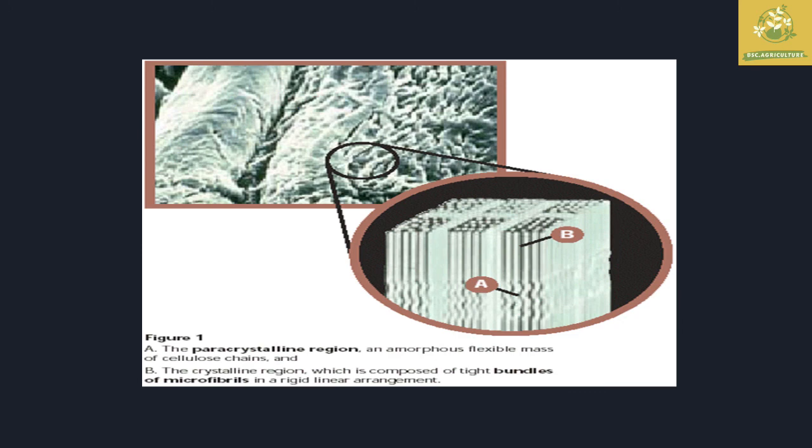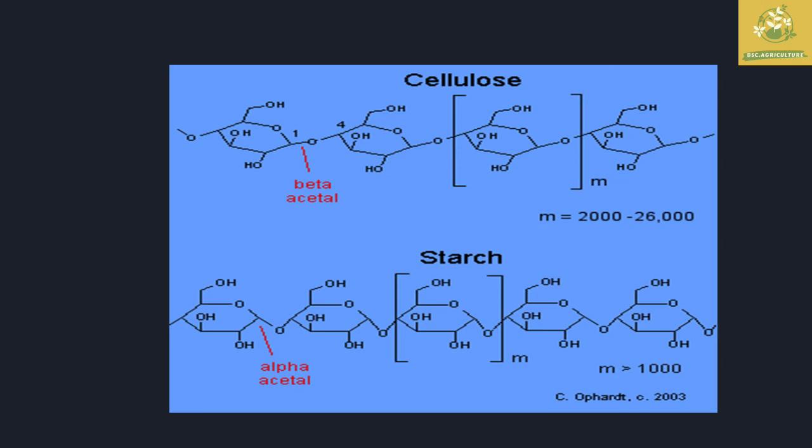You can see in this picture the paracrystalline region of an amorphous or flexible mass of cellulose chains, and the crystalline region, composed of bundles of microfibrils, in the B part of the picture, which is a rigid linear arrangement of microfibrils to form cellulose. It is a picture of cellulose as well as a comparison with the structure of starch, where cellulose has a beta glycosidic bond, while starch has an alpha glycosidic bond.